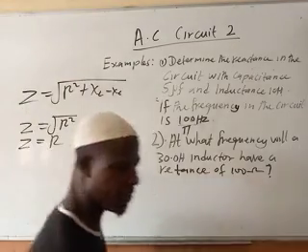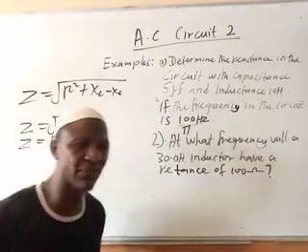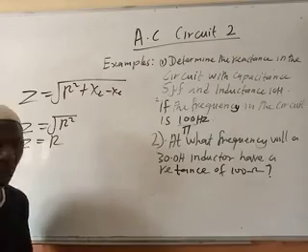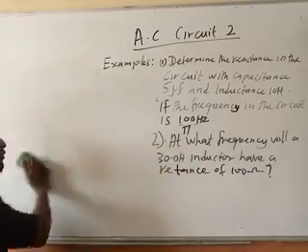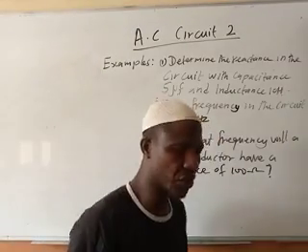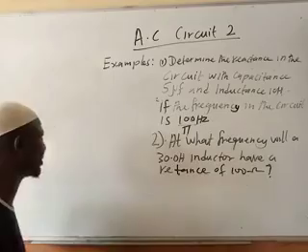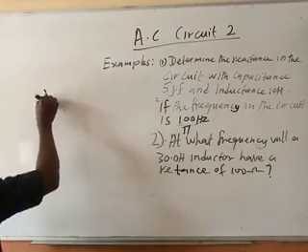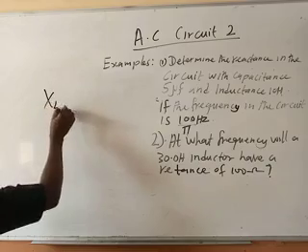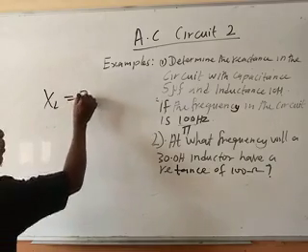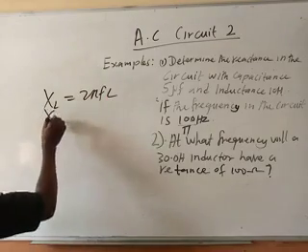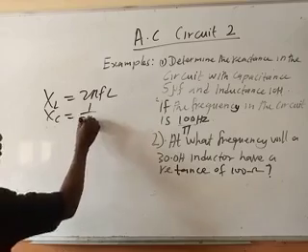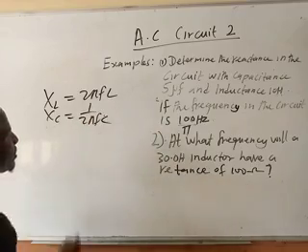Now, they may ask you to calculate the resonance frequency. Resonance frequency is the frequency at which capacitive reactance is equal to inductive reactance. You can easily prove it since inductive reactance is equal to 2 pi FL and capacitive reactance is equal to 1 over 2 pi FC.